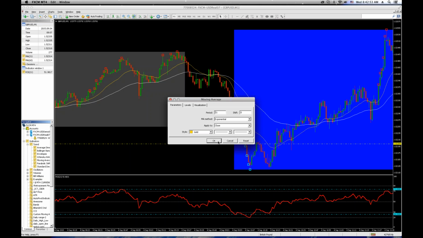But don't worry. Make it smooth, because we want the smoothest possible line, even though it may be a bit late. We can make up for the difference in the lateness by decreasing the period. So make it a smooth MA, and then you want to apply it to first indicator's data.